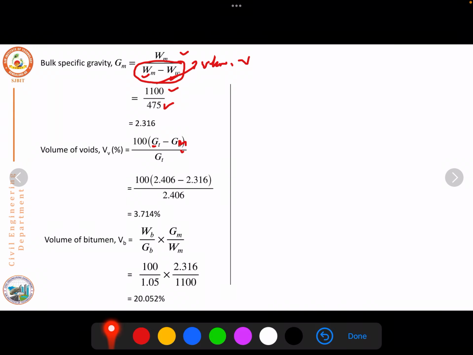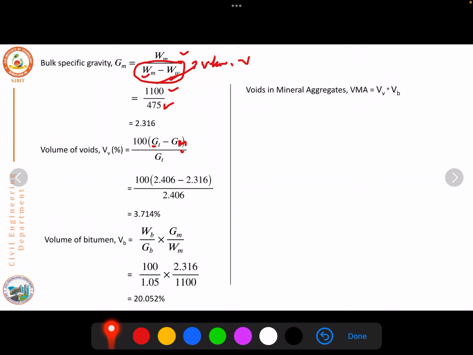By substituting the given data, we have estimated the volume of bitumen as 20.052%.